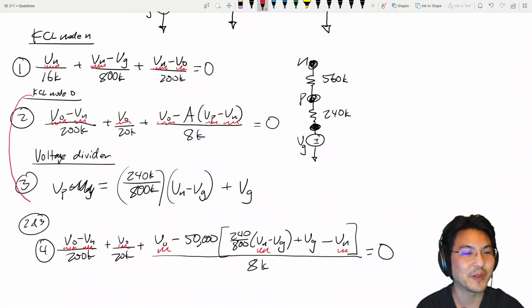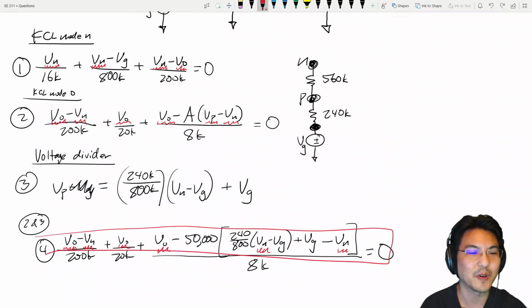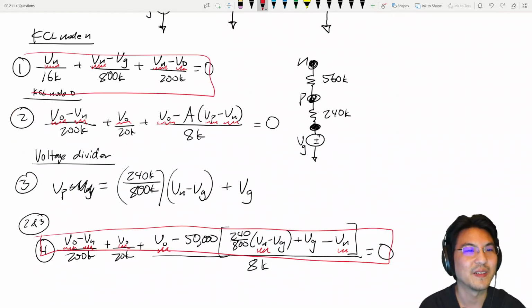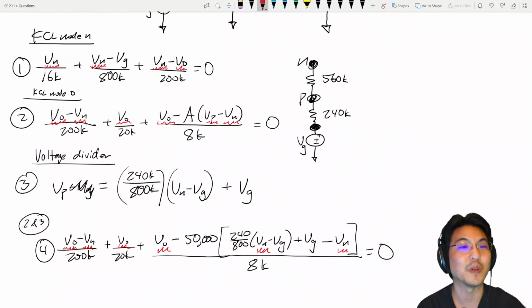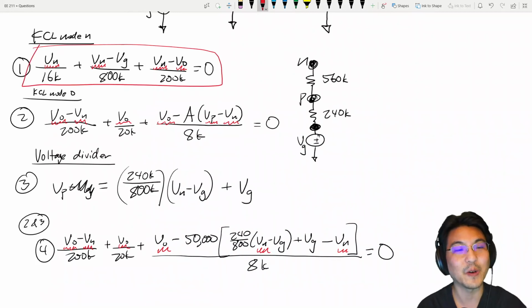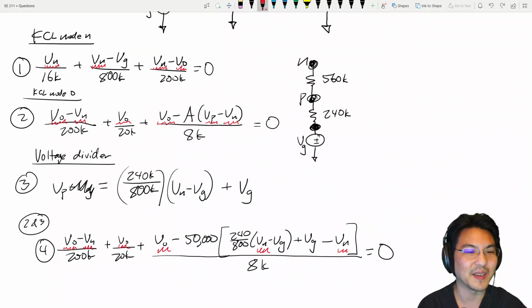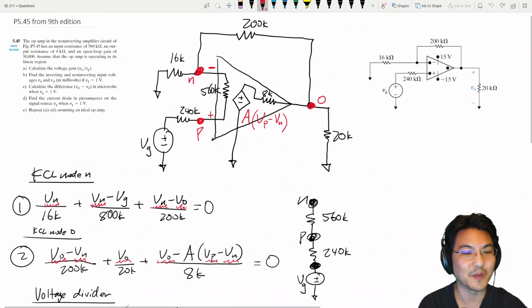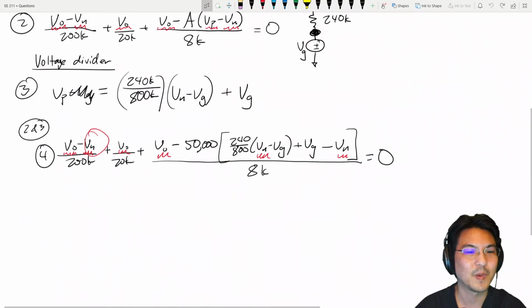I combined equations 2 and 3 to get equation 4. So now if we look at equation 4 and equation 1, that's just 2 equations, 2 unknowns. So just solve one of them, whichever one, for Vn. Let's say this one. Solve this for Vn in terms of Vo, and then plug it in here. And then you have an expression for the output voltage.